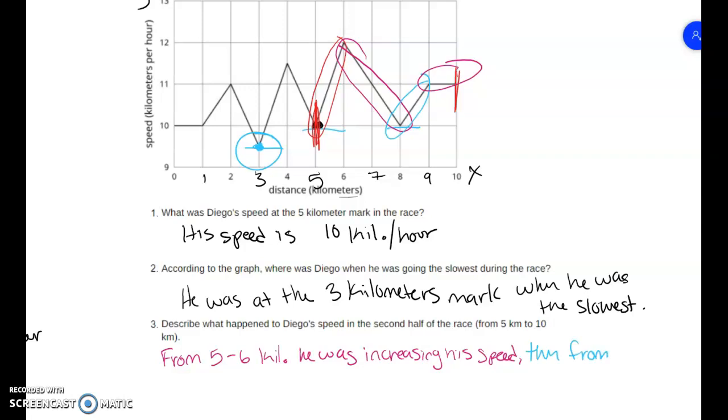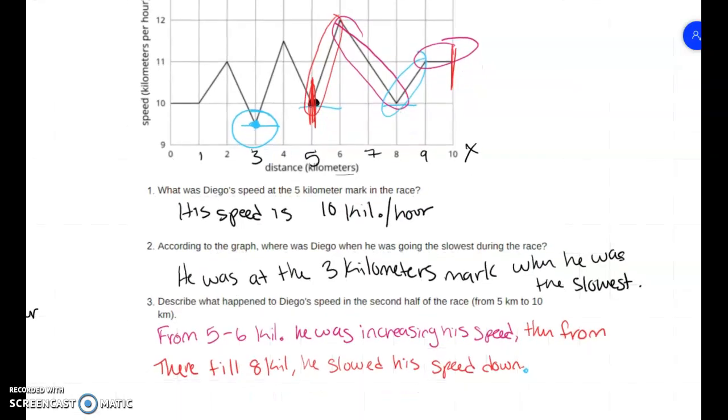Then from there till 8 kilometers, he slowed his speed down. You can phrase this however you want, as long as you're including each increment that it's going up and down, or staying the same.